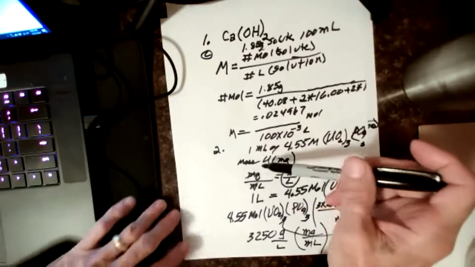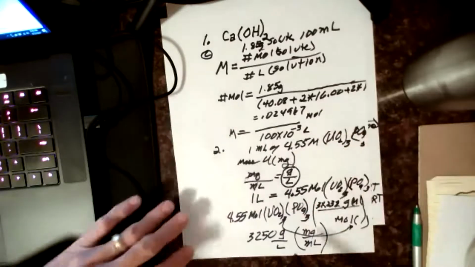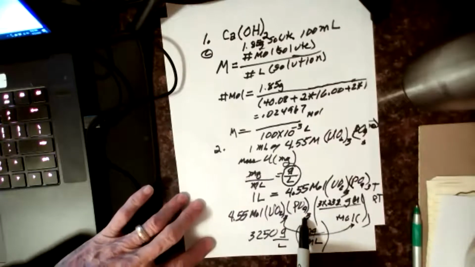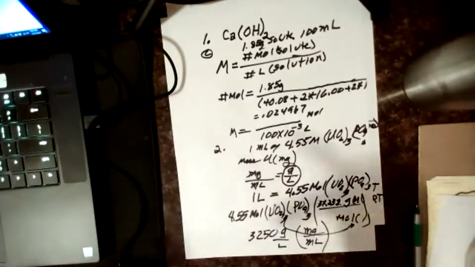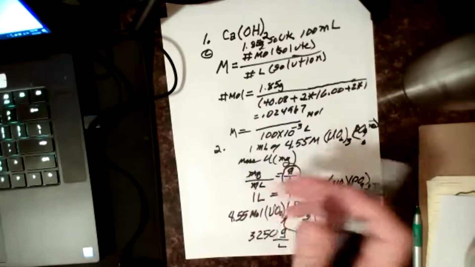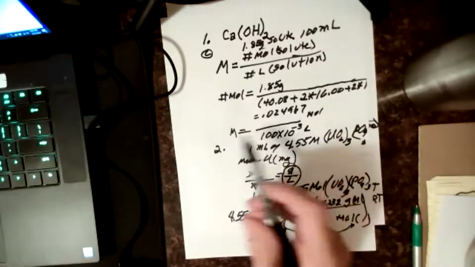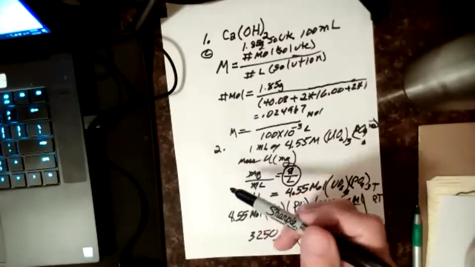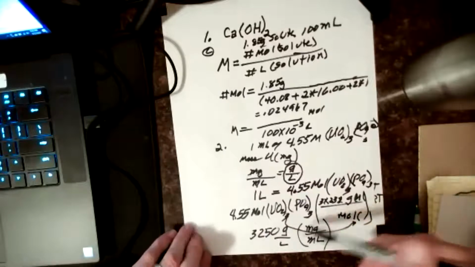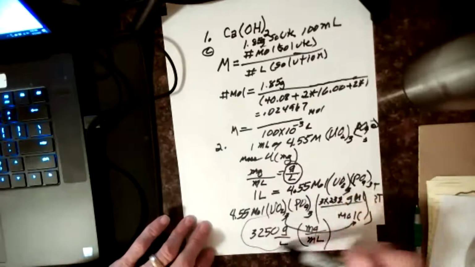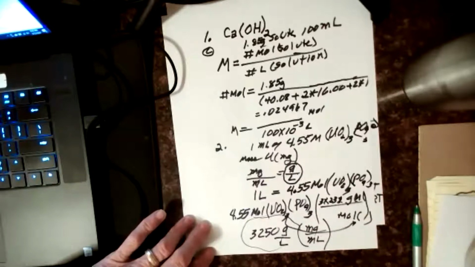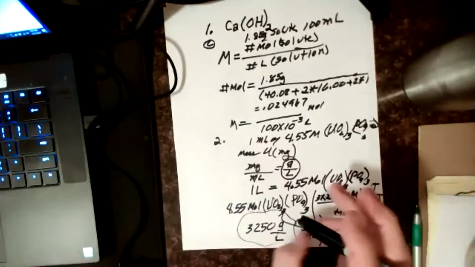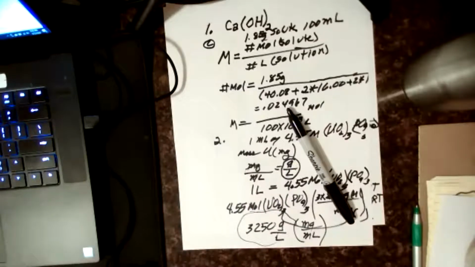And since molarity is defined in moles per liter, it's easier to calculate moles and liters as the units in a problem if you can do that. So I'm usually going to do that. In this case they were the same, so I got the answer as soon as I got this one. But in some cases, it's easier to get this one and then convert to some other unit if that's what you needed. So that's a fairly decent problem, not bad.